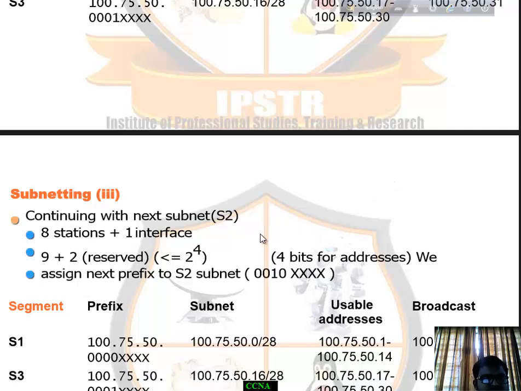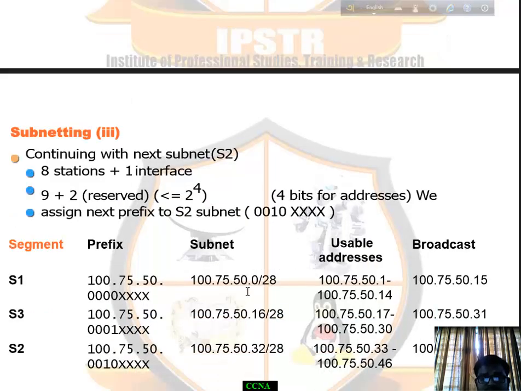So we should use 4 bits for this network. Although a few IPs are unused or lost for this net, we should calculate this way, and we should borrow 4 bits for this network.